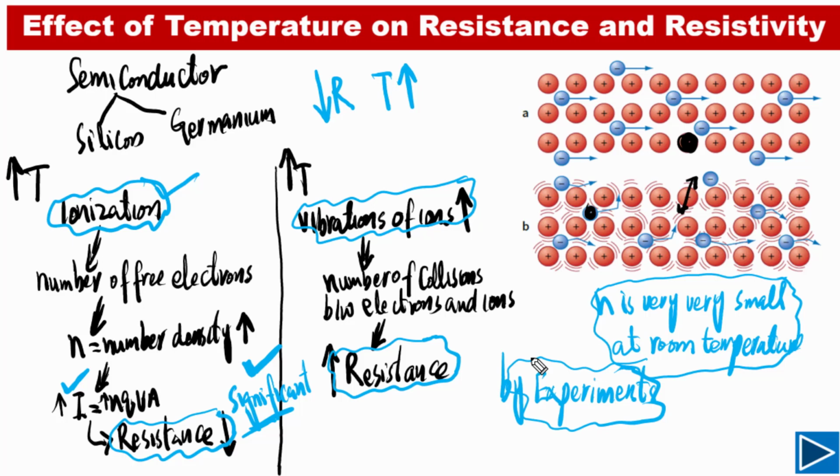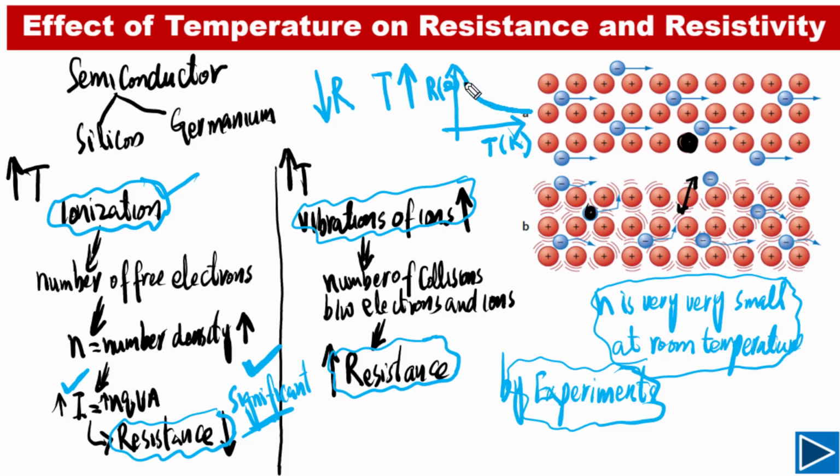Let me explain this with the help of a graph between resistance and temperature. This is for a semiconductor. We have resistance on the y-axis and temperature on the x-axis, in Kelvin. If we sketch the graph, the shape is like this.